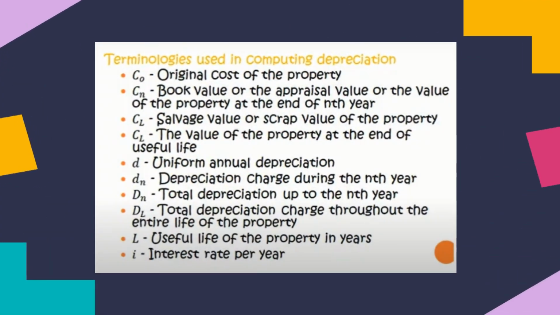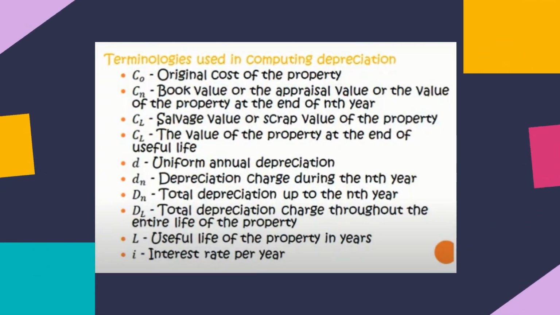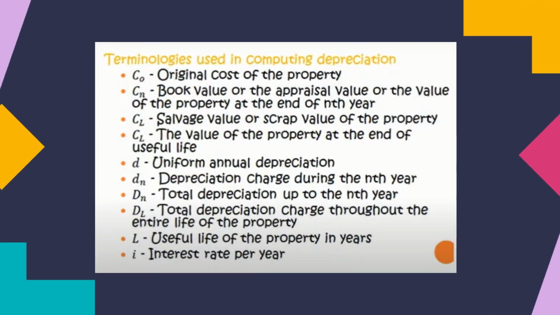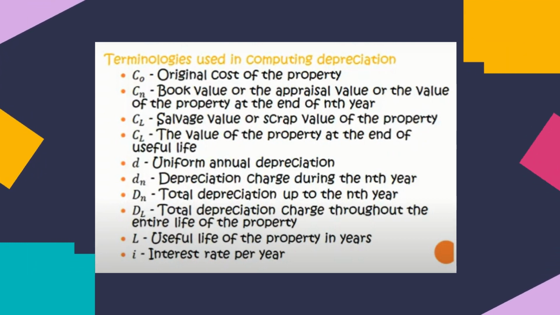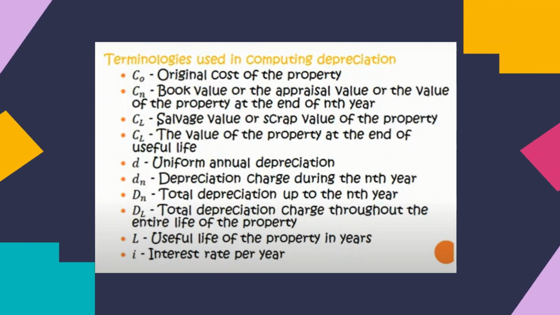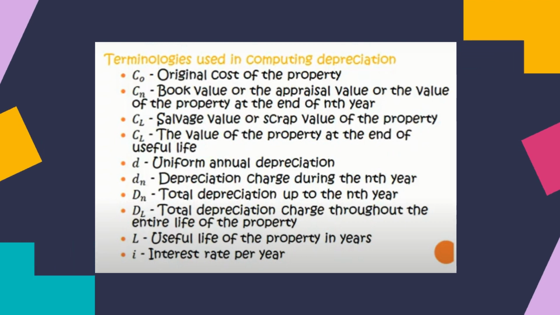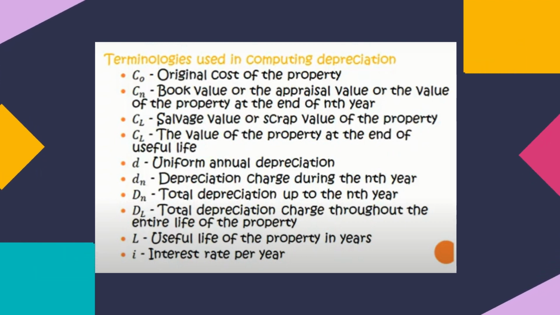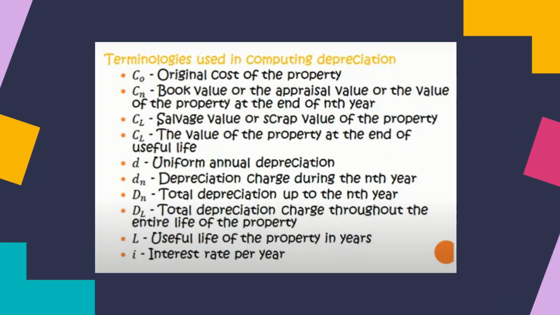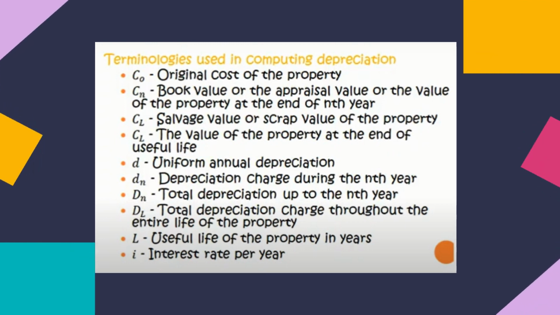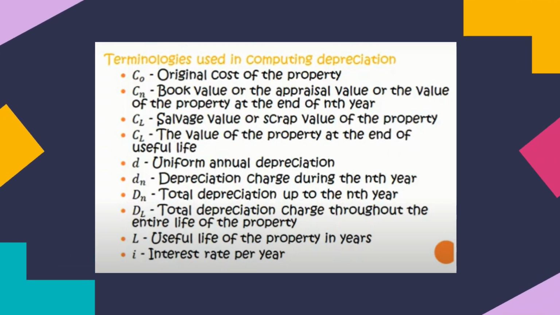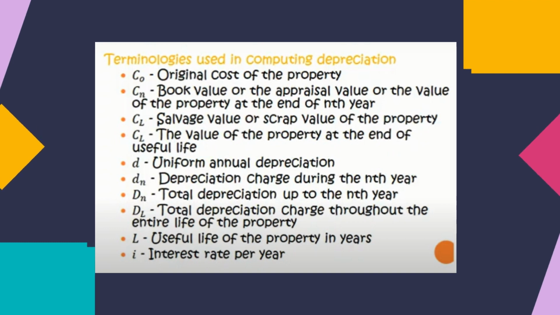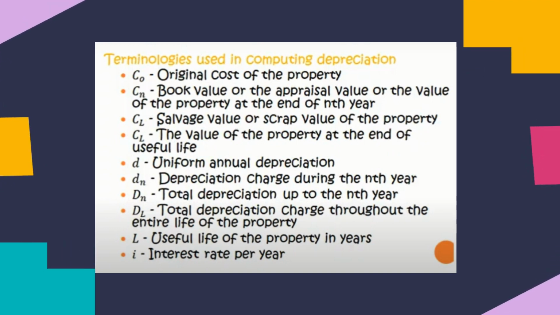So here are the terminologies used in computing depreciation. First, C sub O, original cost of the property. C sub N, book value or the appraisal value or the value of the property at the end of nth year. Then C sub capital L, the salvage value or the value of the property at the end of the useful life.